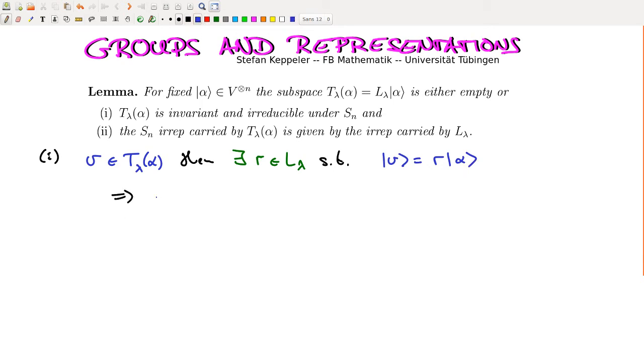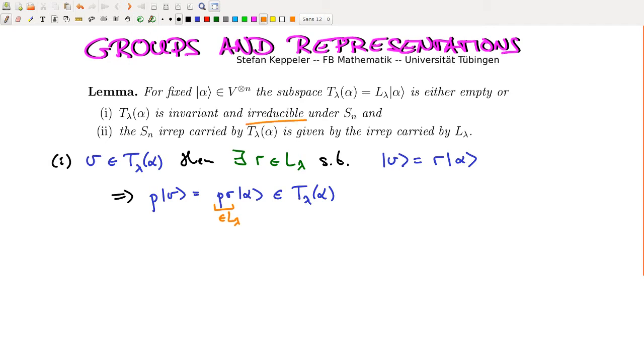And now let's study what happens when we apply a permutation to this vector V. Well, then we get PR alpha. But since this is a left ideal, the R is from the left ideal, so the PR is also in this left ideal. Which means that PR alpha is also in T lambda alpha. So we immediately have invariance here.